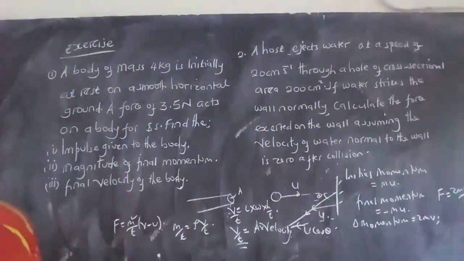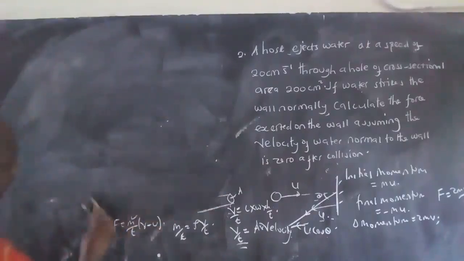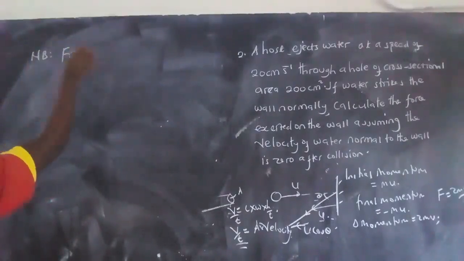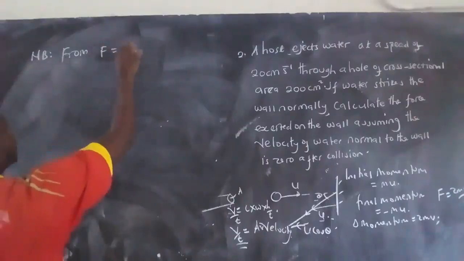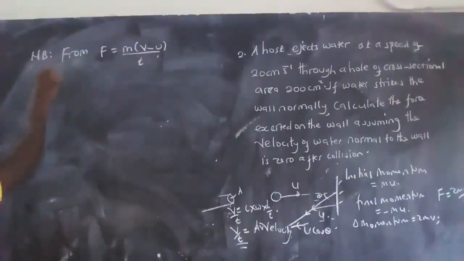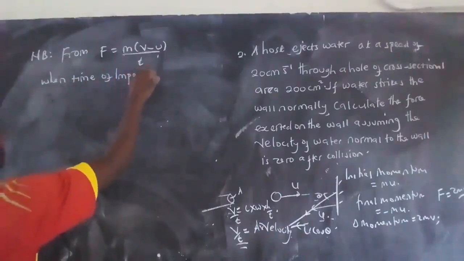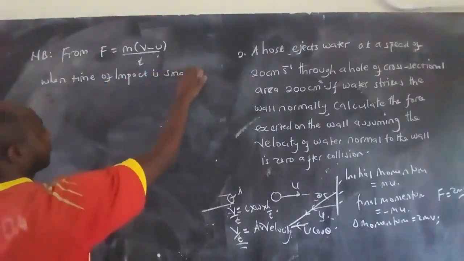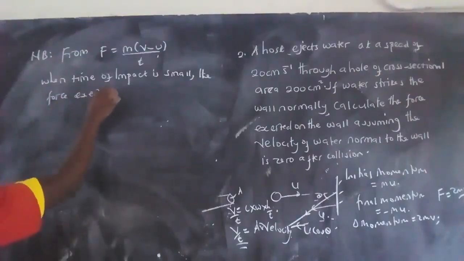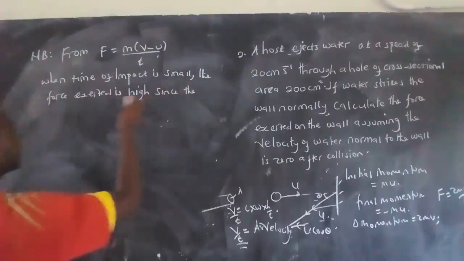So let us go and look at the law. Note: from F equals m into (v minus u) over time, it implies that when the time of impact is small, the force exerted is high, since the rate of change of momentum increases.